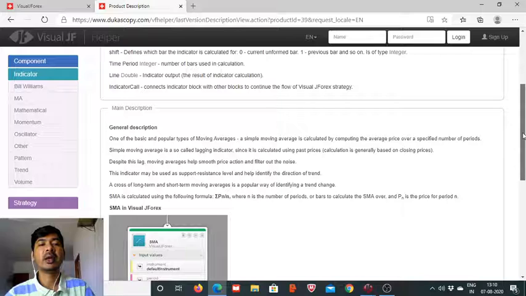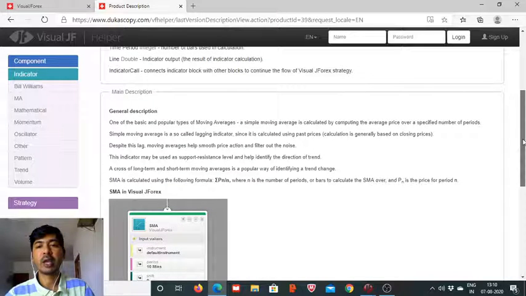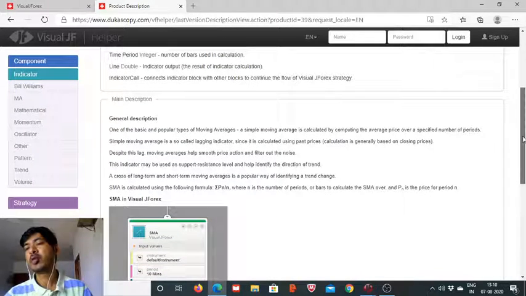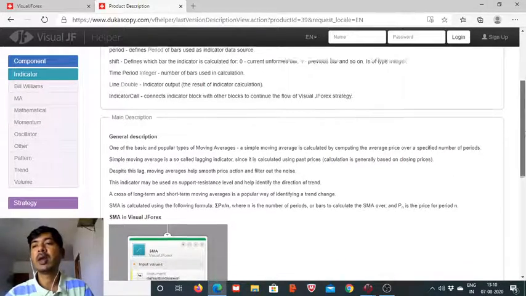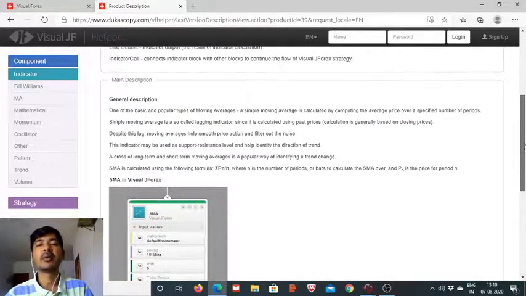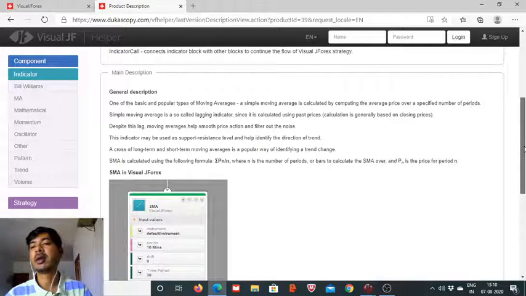It's fairly easy to understand and also easy to calculate, but its use is pretty extensive, and we can use it both as a guiding light for the determination of the support and resistance zone, as well as a trend determining indicator.